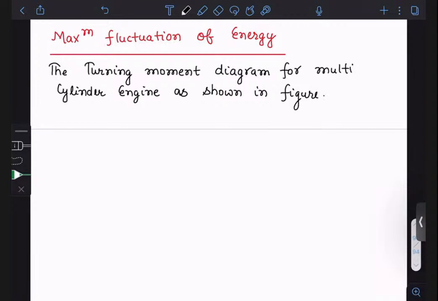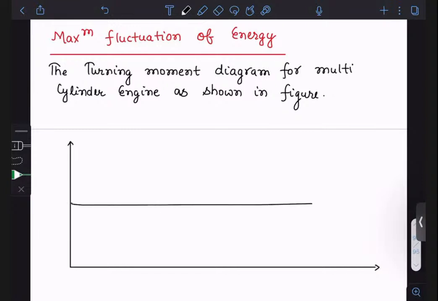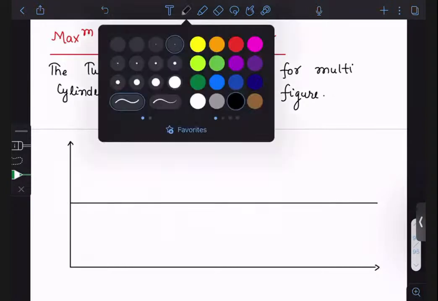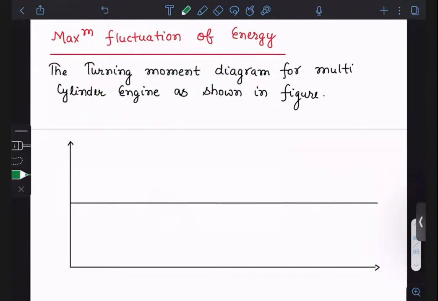See, everyone, suppose this is the turning moment diagram.